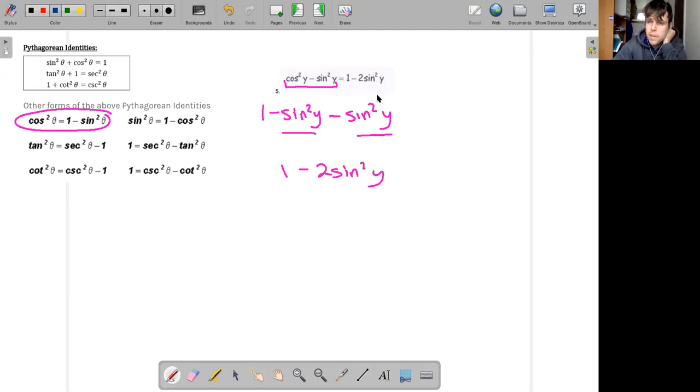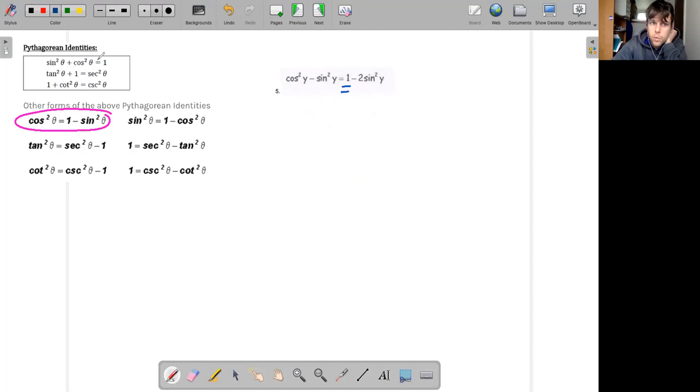We could have maybe tried to make the right-hand side match the left-hand side. So maybe I should try to see what I can do with that. The only thing that really comes to my mind right now, not super obvious, is to replace the 1 with sine squared plus cosine squared. So if we do that, we end up with sine squared y plus cosine squared y minus 2 sine squared y.